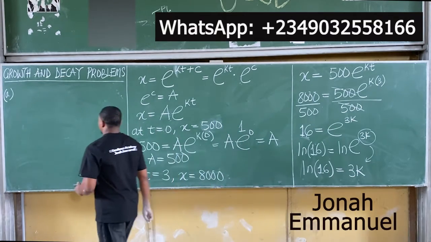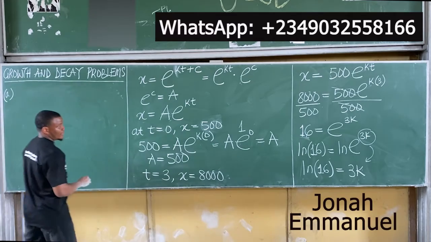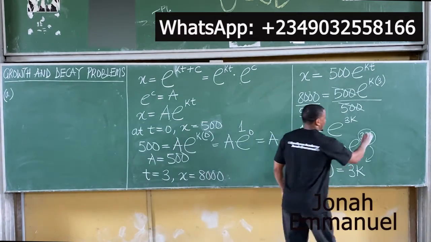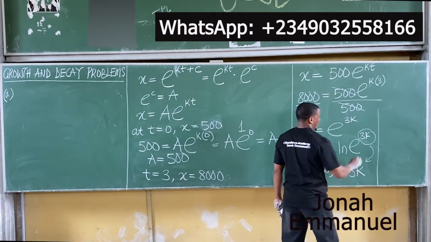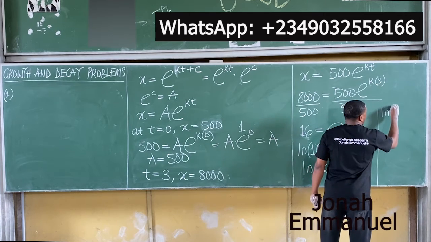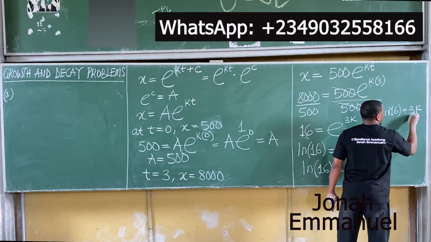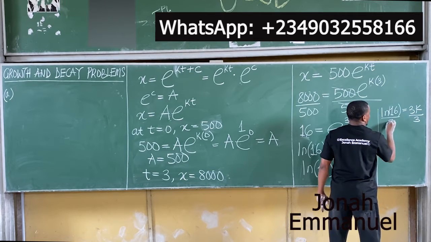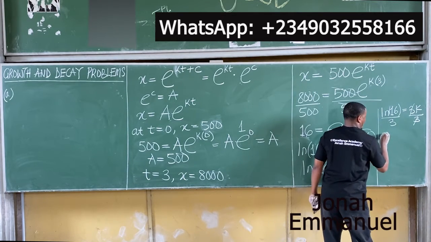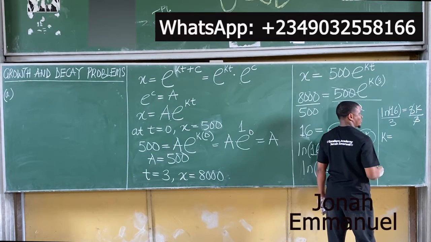To get k, divide both sides by 3. This cancels this. k is equal to... give me your answer in 4 decimal places. What do you have?